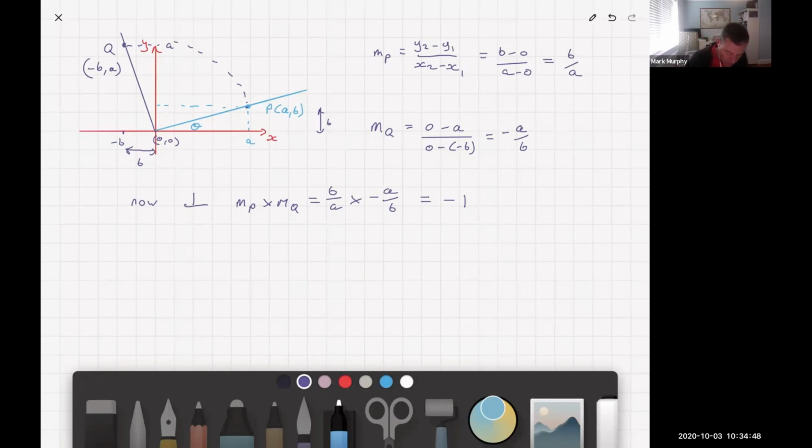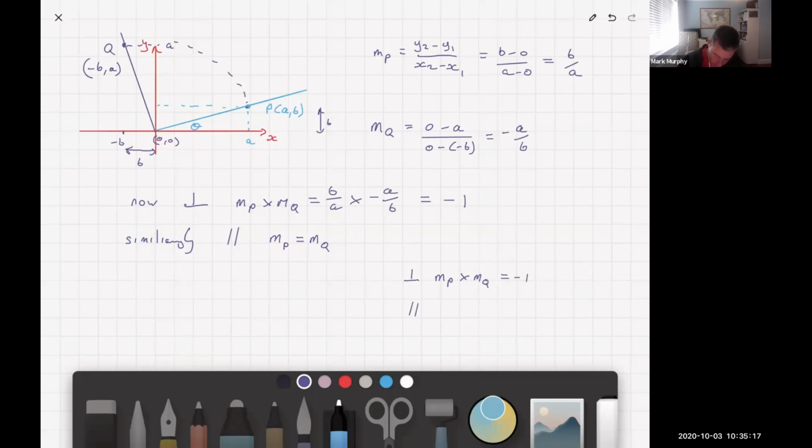And similarly, we'll do it again later, so you don't need to think about it too much now. So similarly, for parallel lines, the slopes are obviously equal, so we say that MP is equal to MQ. So I'll write down the box again. For perpendicular lines, MP multiplied by MQ is equal to minus 1.